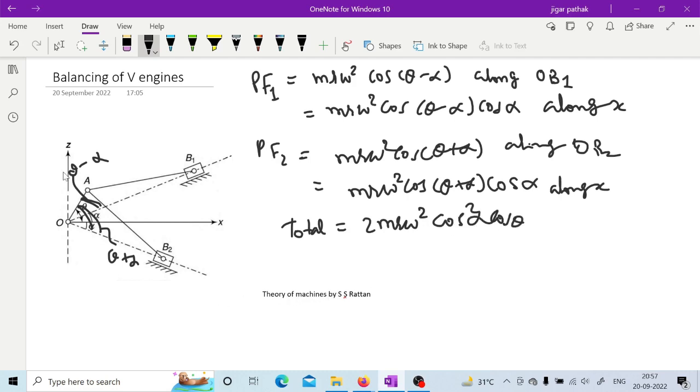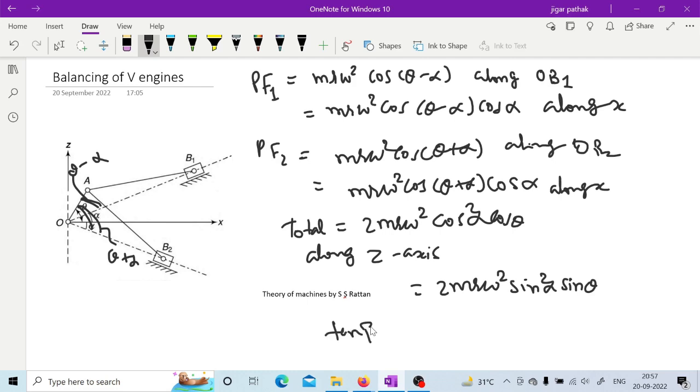Similarly, if you take along the z-axis, right, you will find that the component will be 2 mr omega square sin square alpha sin theta. From these two components you can calculate the resultant, and you can also calculate tan beta from these two components, like sin square alpha sin theta upon cos square alpha cos theta.